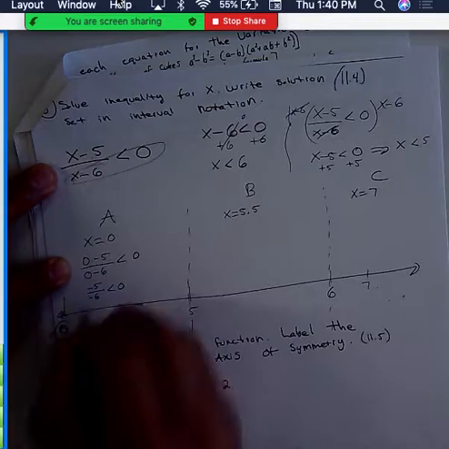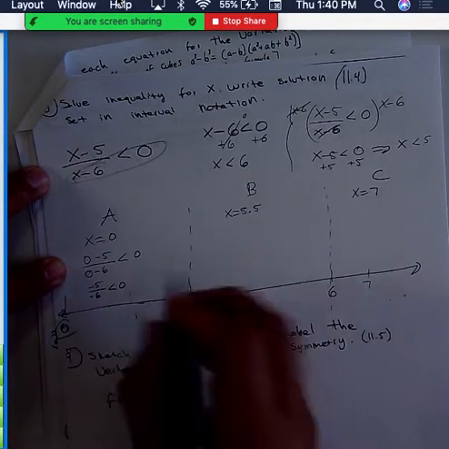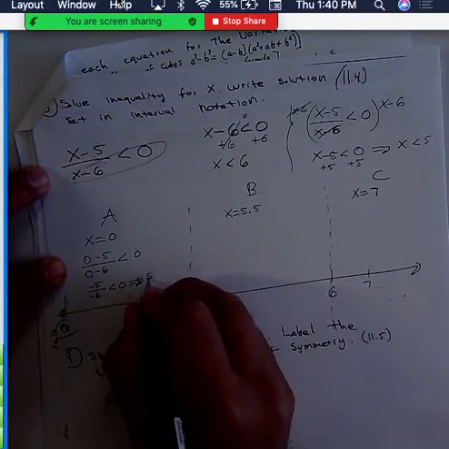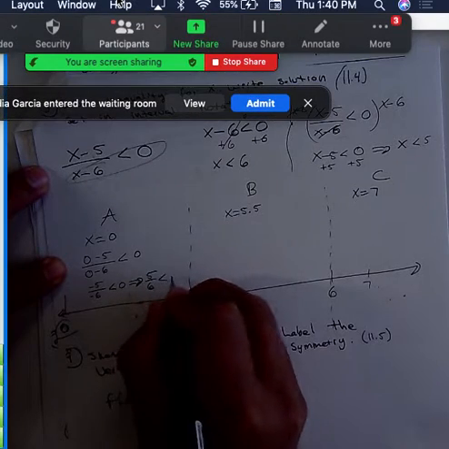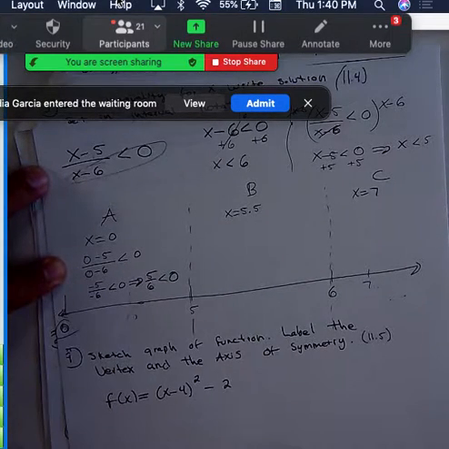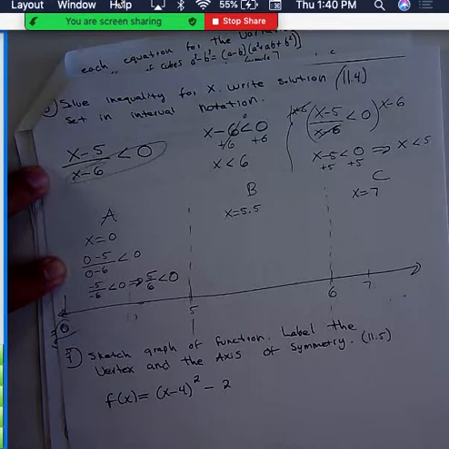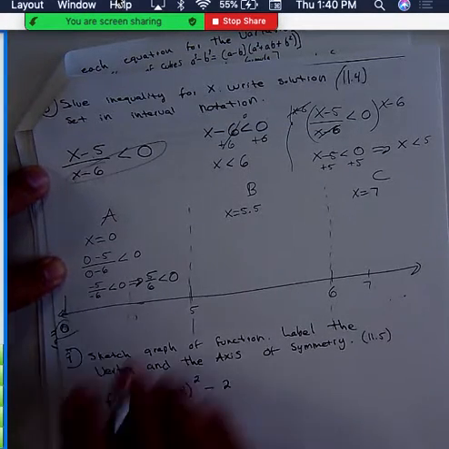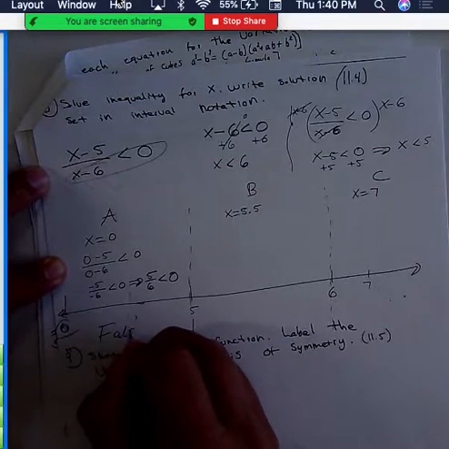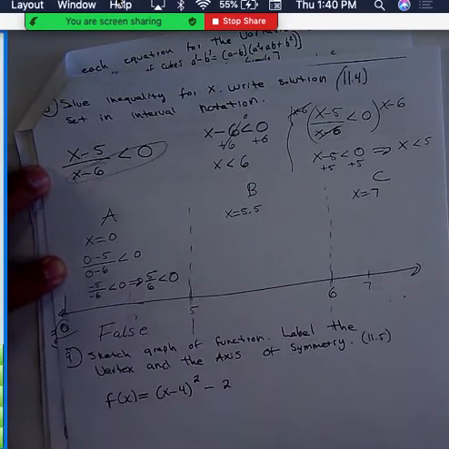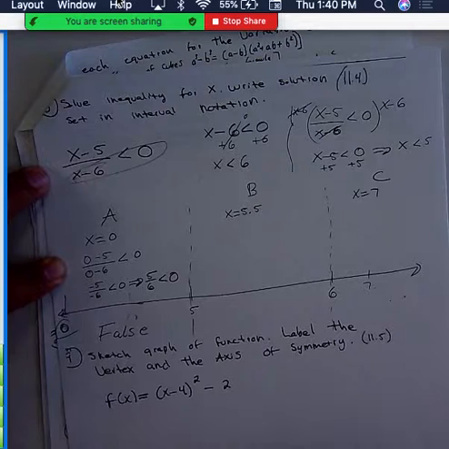Negative over a negative becomes a positive. It's 5 over 6 less than 0. No? Okay, so false. This is false. It should have given us true. I was hoping it would give us true.